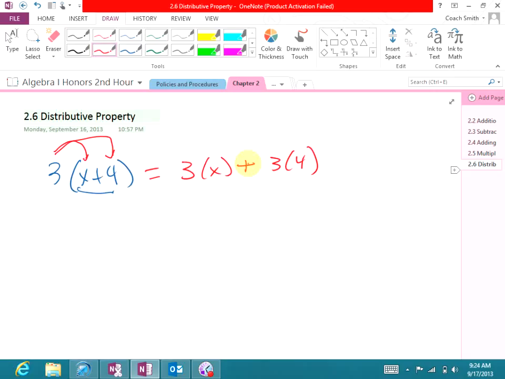Now, the actual algebraic way to express this is this. A times parentheses b plus c is equal to a times b plus a times c. Okay, that's the algebraic rule.